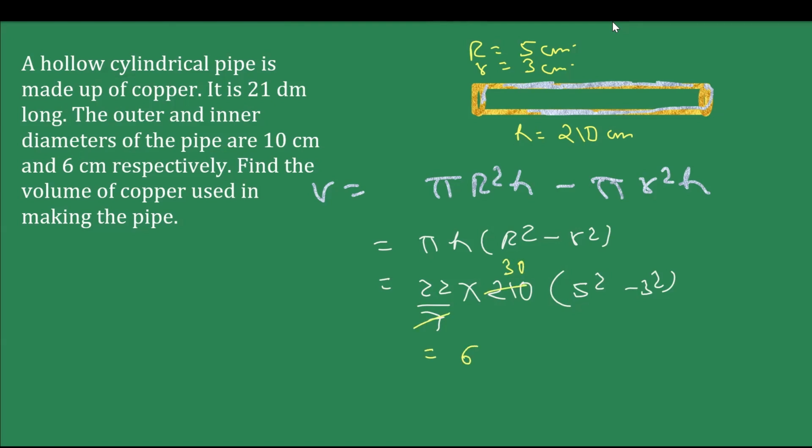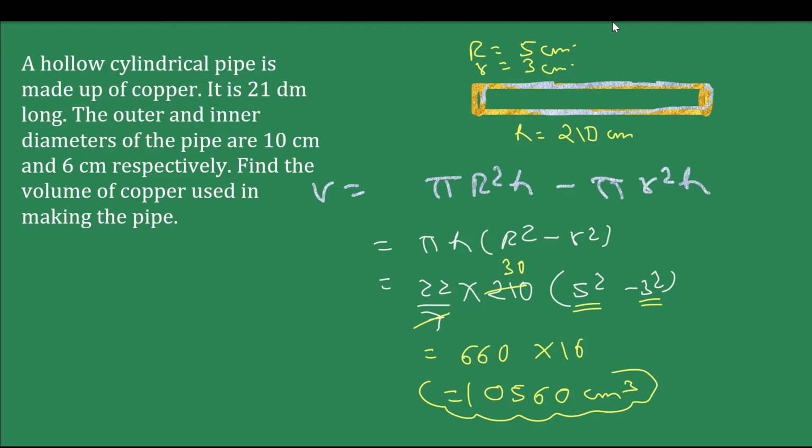So it is 22 into 30, which is 660. And 5 square is 25 and 3 square is 9, so 25 minus 9 is 16. So we have to multiply 16 into 660, which gives 10560 centimeter cube. This is the volume of the material, the copper, which is used.